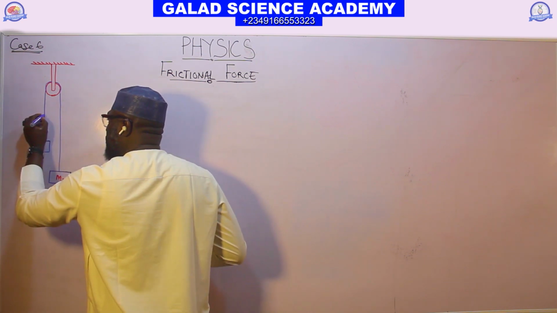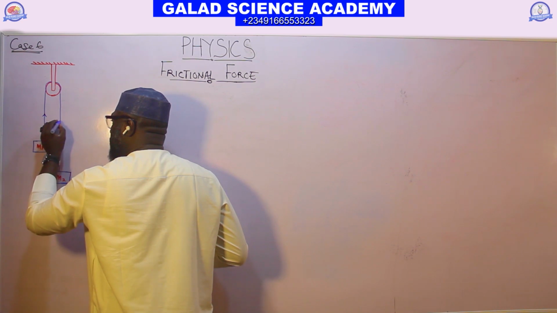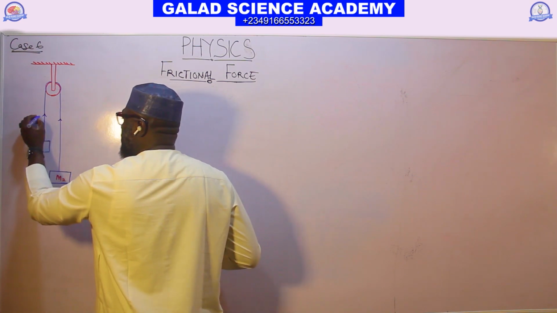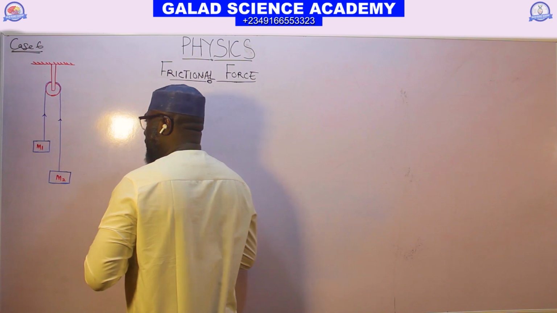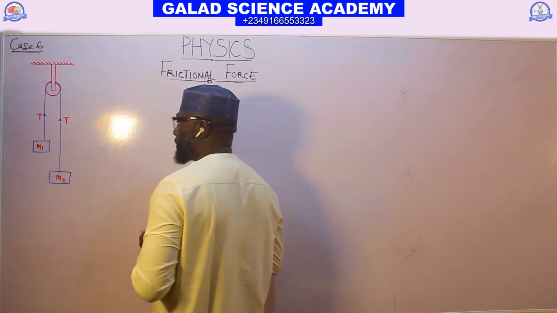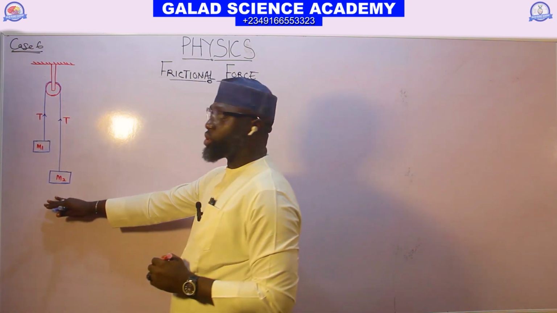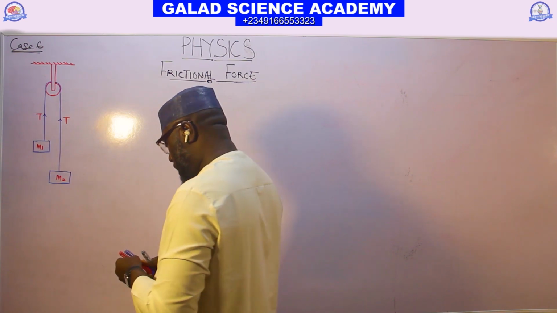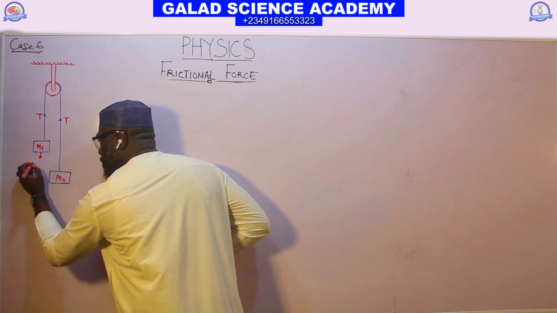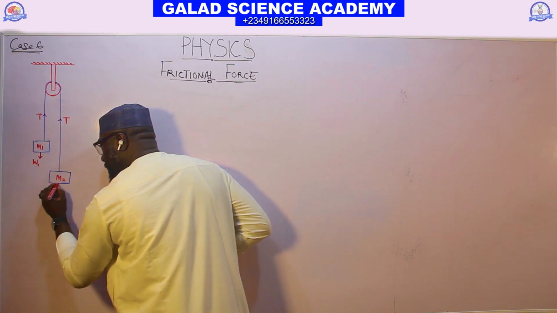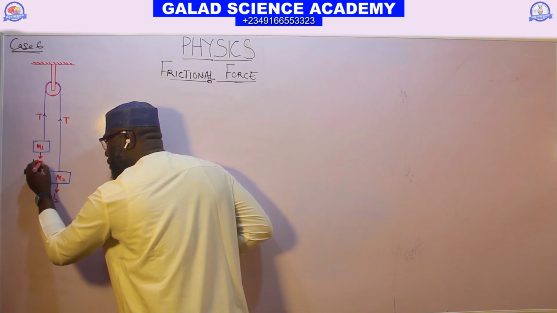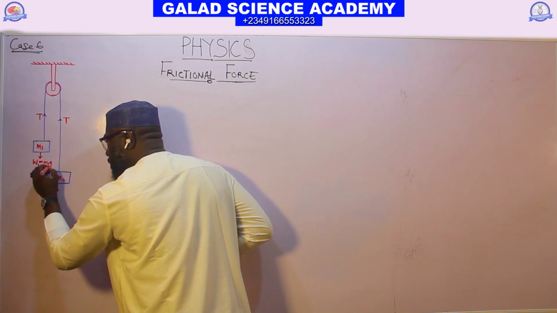There is a tension on this, tension T. In this structure, the weight of this mass is W1, and the weight of this one also acts downwards, W2.